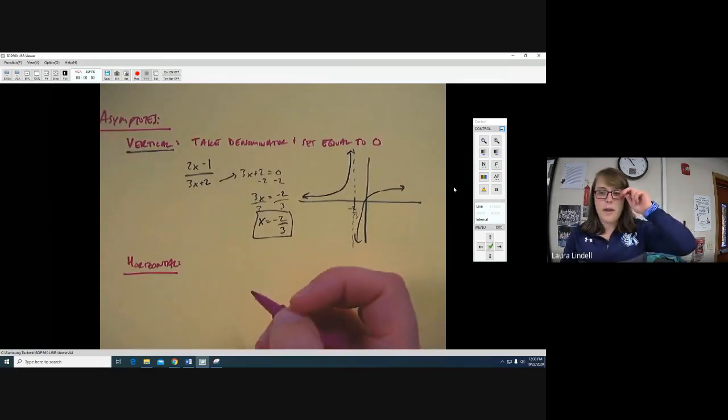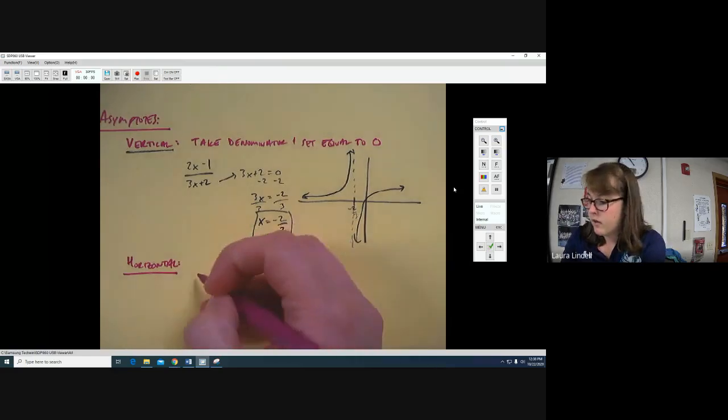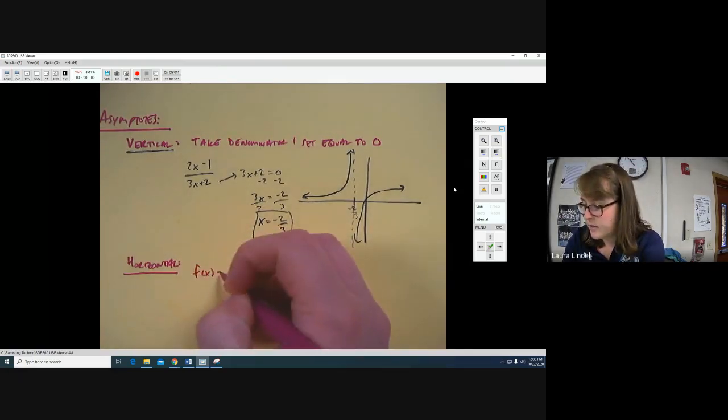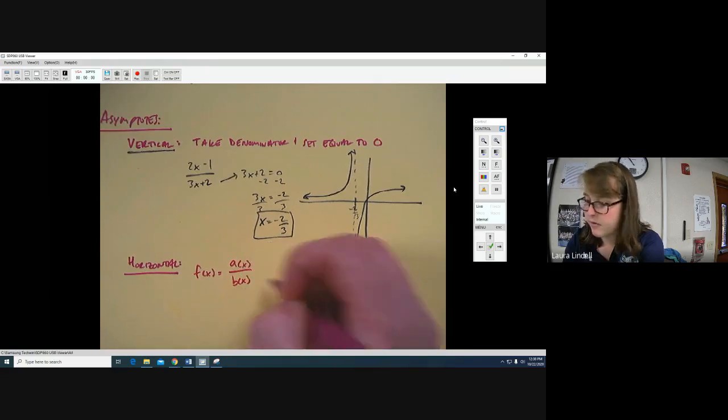first for horizontal, we have to suppose a few things. So suppose we have this function f of x equals a of x over b of x, this rational function.